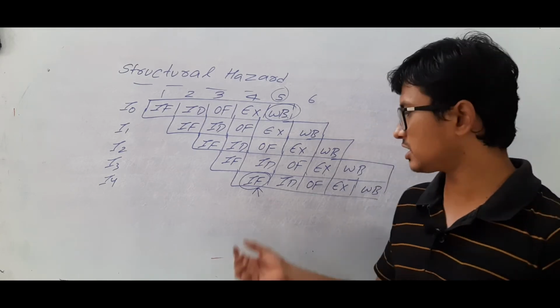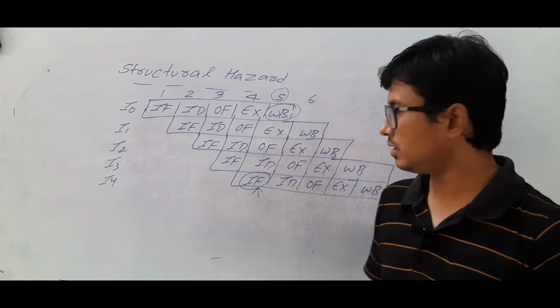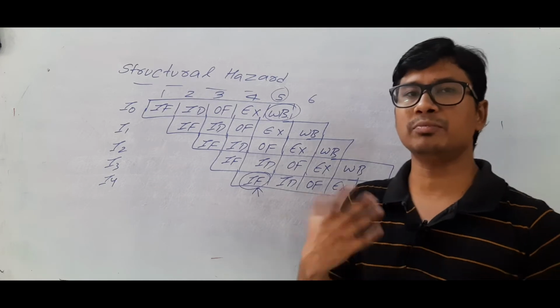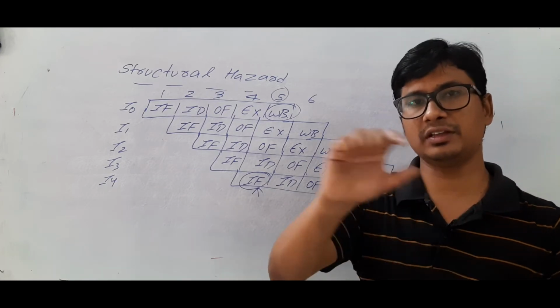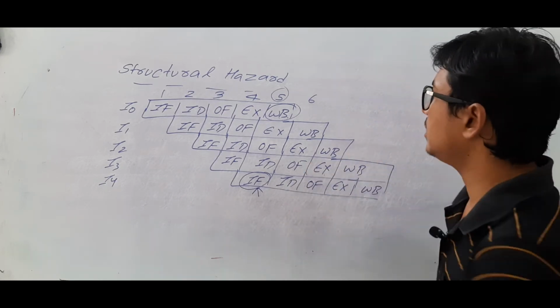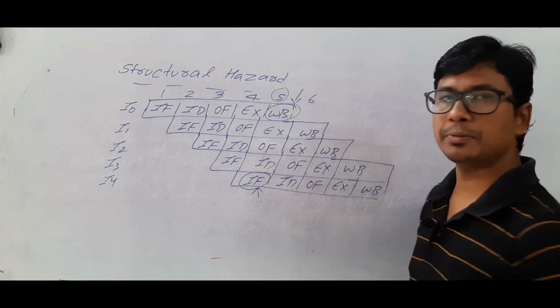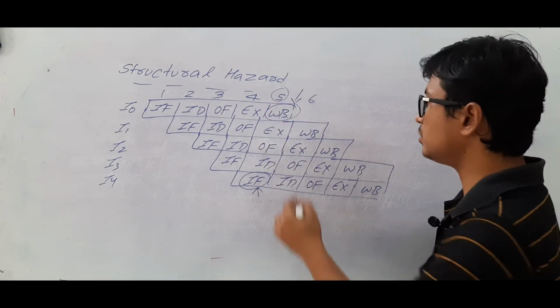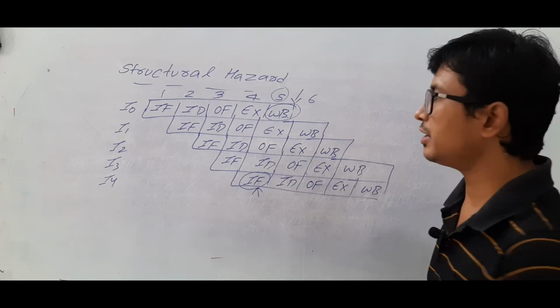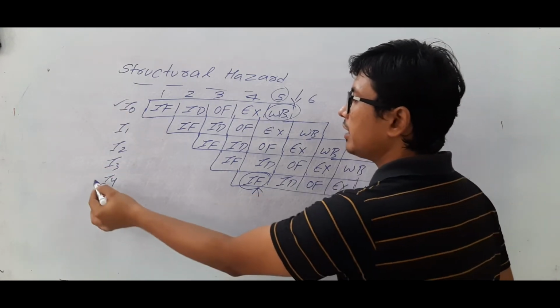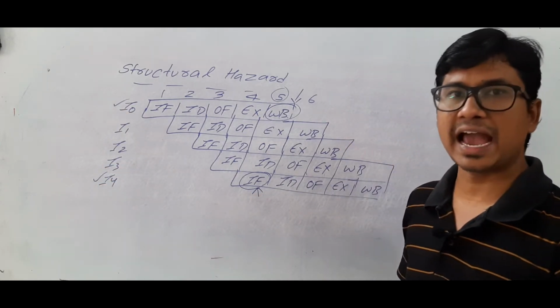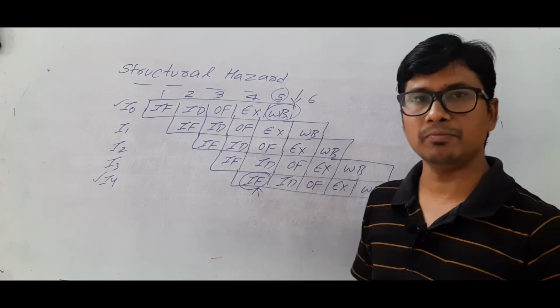You will fetch the instruction from the main memory. Then where will you perform the write back operation? If the operands are in the main memory, then you will perform the write back operation in the main memory. So at clock cycle 5, instruction I0 and instruction I4 are accessing the resource called main memory.